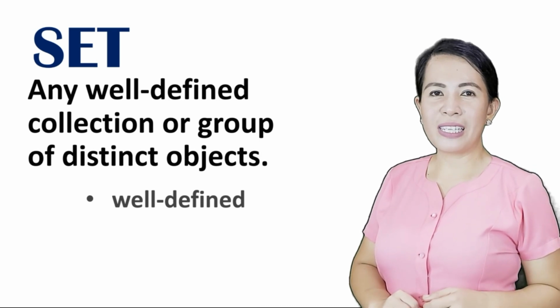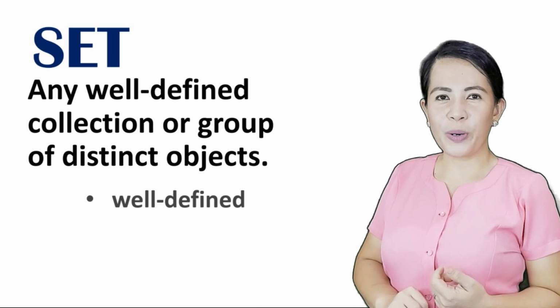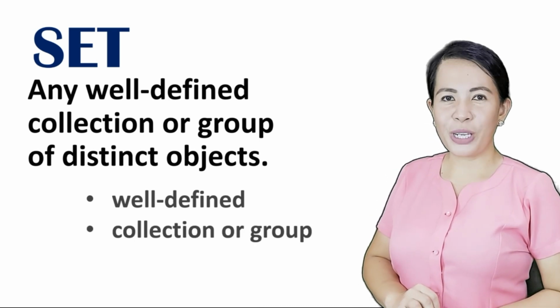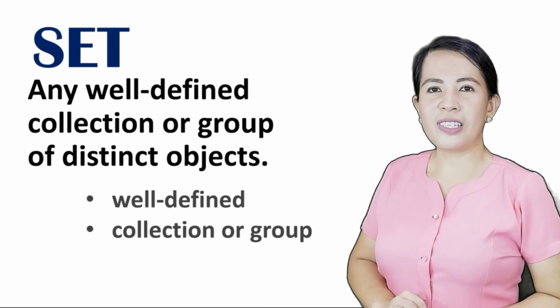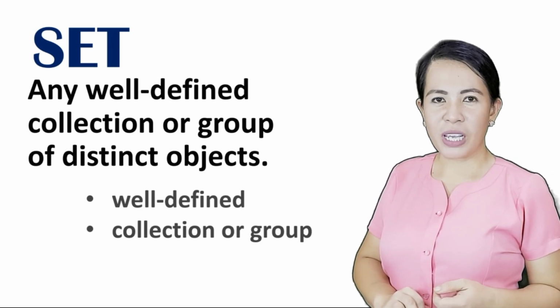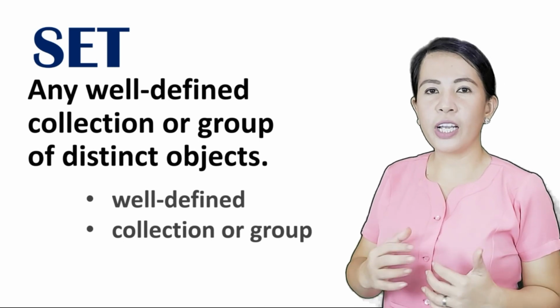Well-defined. So when we say well-defined, this means that a set should be properly defined or there should be no vague interpretation. When we say collection or group, it means it is a pool of, an aggregation of, or a collection of.